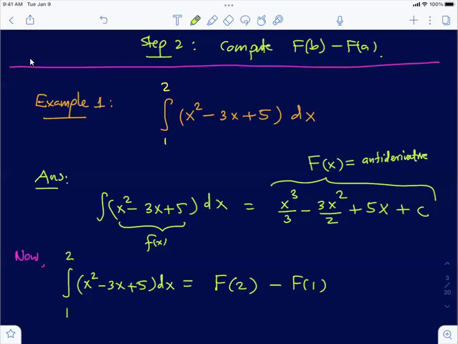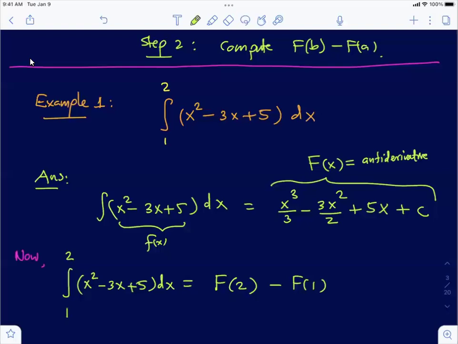All right, this is what I get: x squared results in x cubed over 3, and then minus 3x squared over 2. The 5 will result in 5 times x after the integration, and then do not forget the plus c that you end up getting at the end.